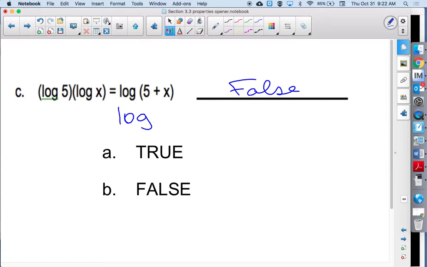If it was written like the log of 5 times x, then we'd have the log of 5 plus the log of x. But there is not a property that says a log of something times a log of something means I can add those together. That is not a property whatsoever. If I was multiplying the 5 and the x together, then I would separate them into 2 different logs. So that is false, not a property. This would be the correct statement.